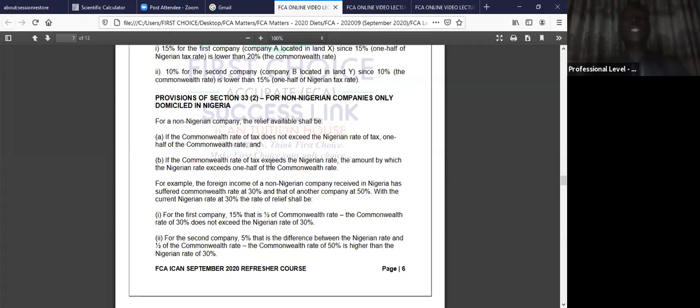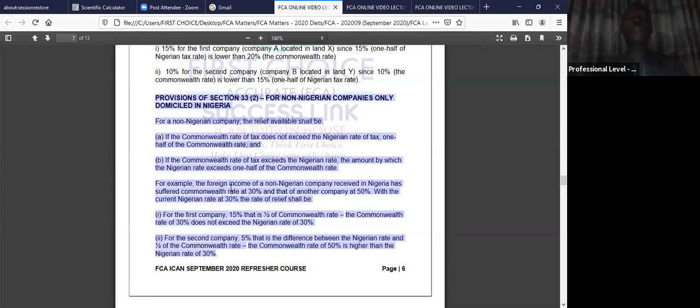There may be some businesses that are not classified as special businesses. These are the kind of businesses falling in here. Those that are not classified as specialized businesses are the foreign companies talked about in subsection 2 of section 33.